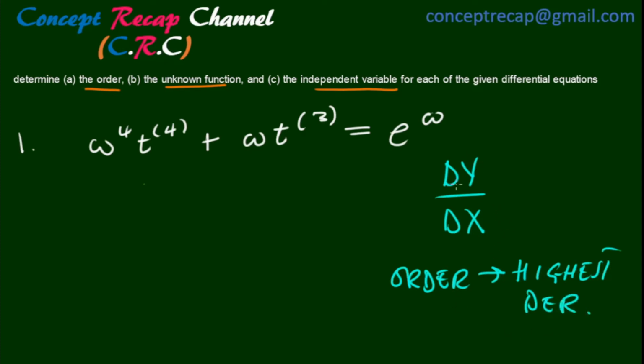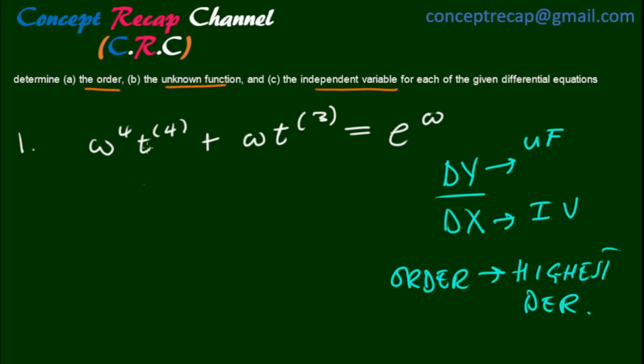And in the upper part, if you say dy, that means y is your unknown function, and x, dx, is your independent variable. We talked about all this in the first video in the concept. So if you want to go and watch it, you can do so. But we will move on for now.